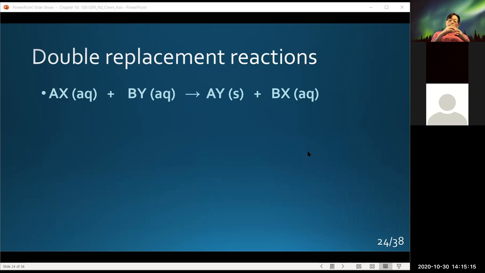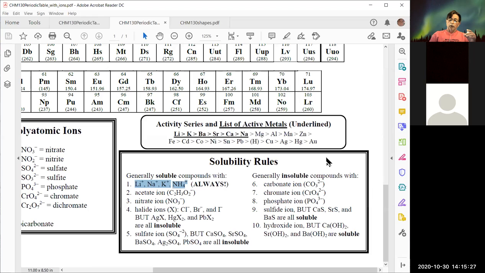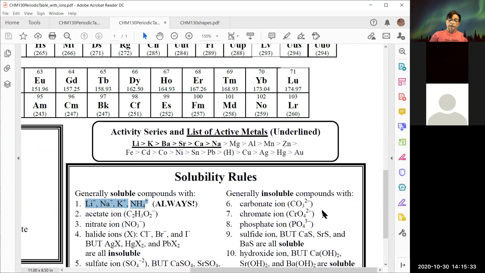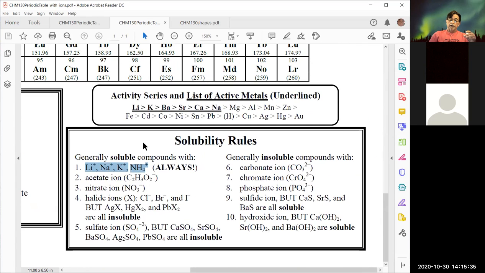Okay. Now, when it comes to double replacement reactions, it's all related to the solubility rules. I want to go over that fairly quickly again, to make sure that we are on the same boat. On the periodic table, you have the solubility rules.